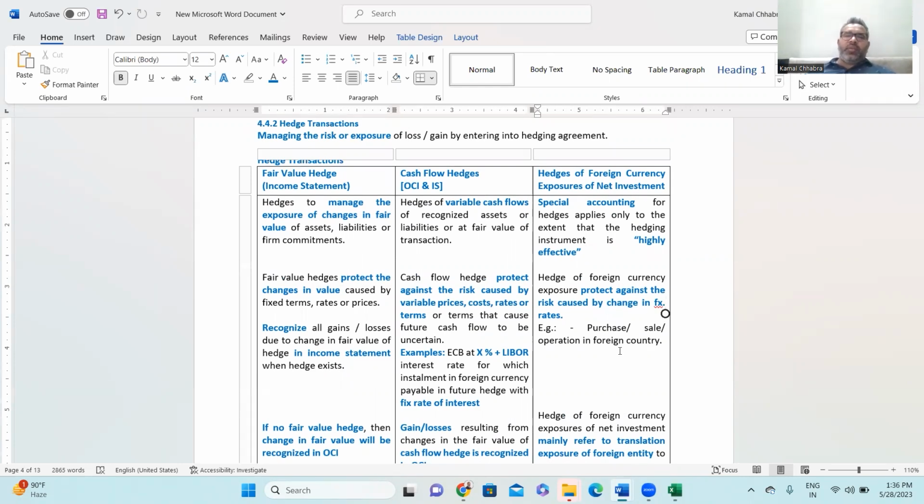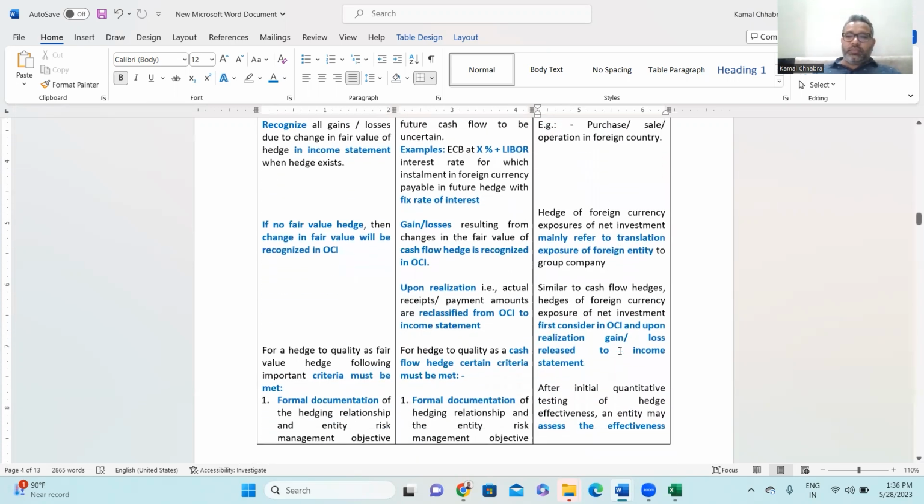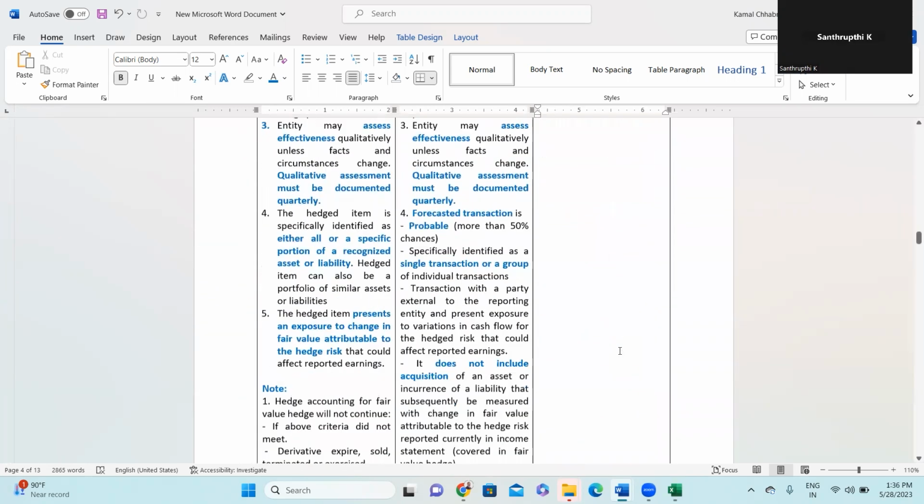Cash flow hedge is on account of change in cash inflow or cash outflow in future. Foreign currency hedge is for future change in the foreign currency rate. So this is a thumb rule you keep in mind. Then it will be easy to bifurcate. Okay. Right? Kashish, Santrupti? Yes, sir. Yes, sir. Okay.